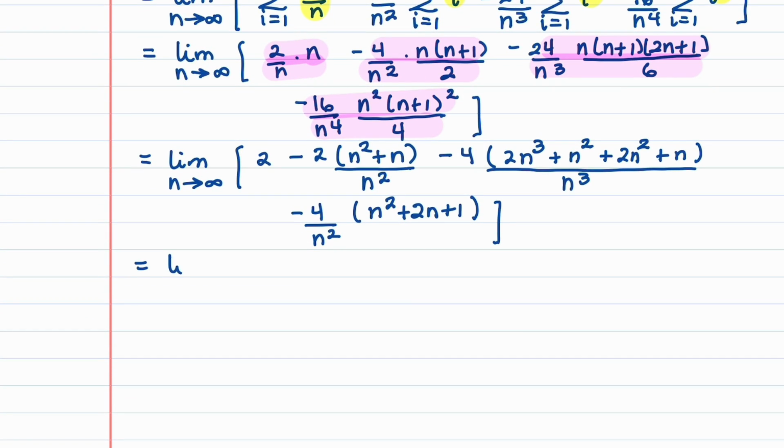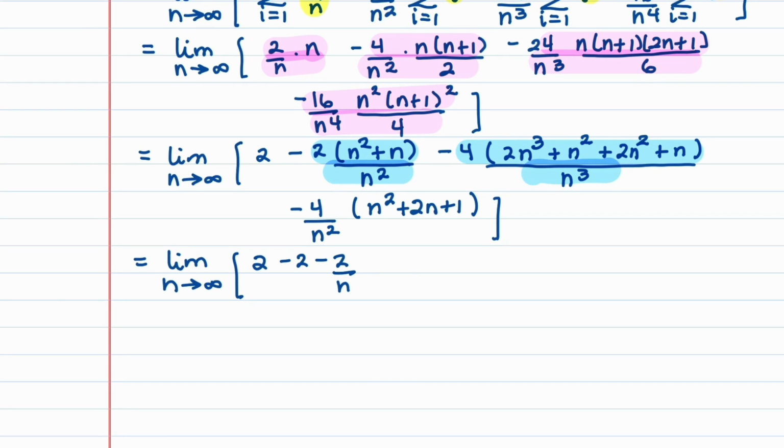Now let's see what we have. We have the limit as n goes to infinity. We have 2. Now let's look at this term. This gives us a minus 2 divided by n. Now we'll look at this term. This gives us a minus 8 minus 4 over n minus 8 over n.